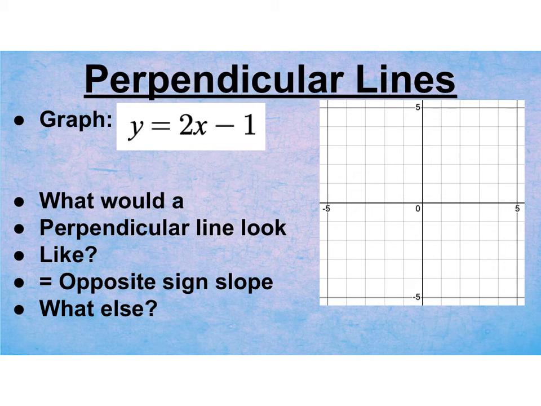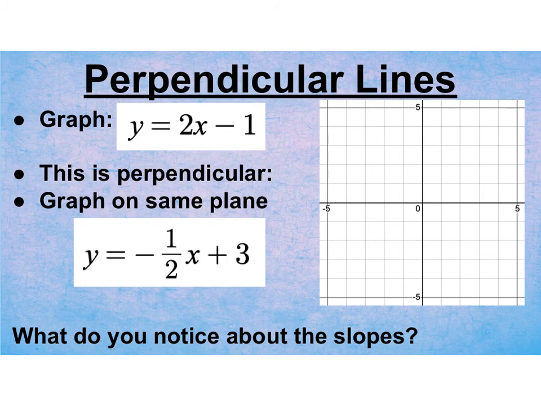So we just mentioned that perpendicular lines are going to have opposite slopes, but that's not all. There's something else that has to happen. So if I graph my first one with -1 up 2 over 1, and then I tell you that this line is perpendicular to it, this has a y-intercept of 3, and it's going to go down 1 to the right 2 like that, and it will be perpendicular.